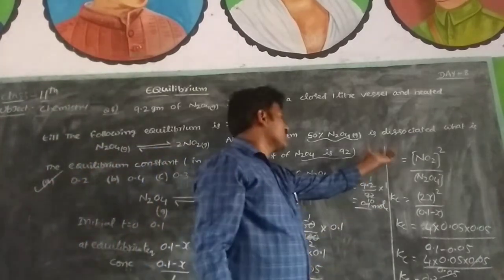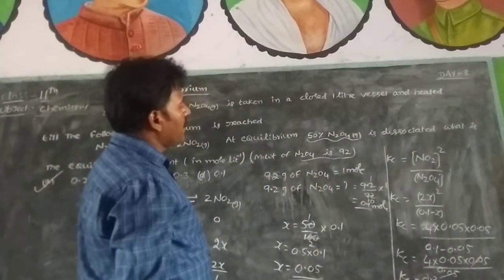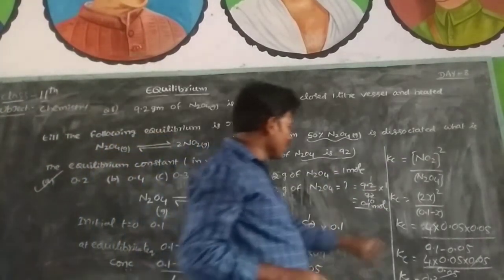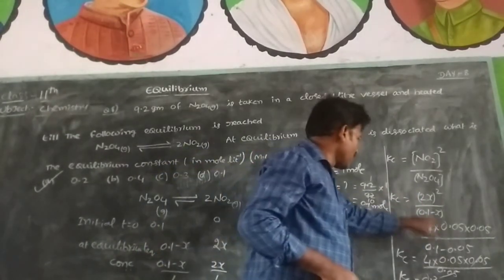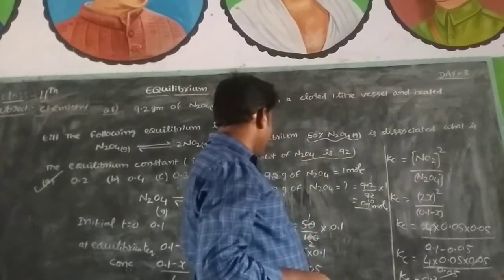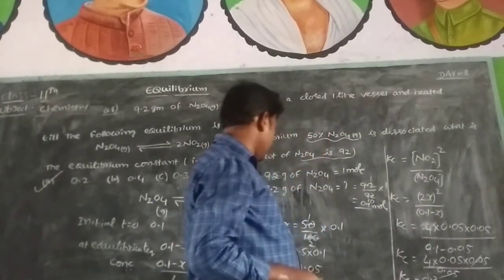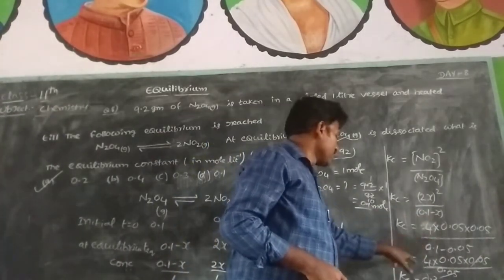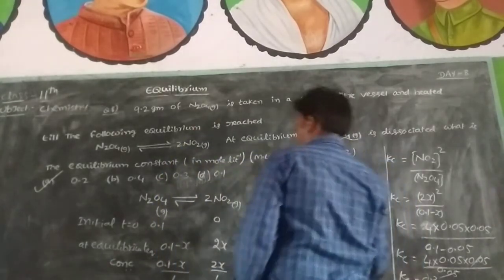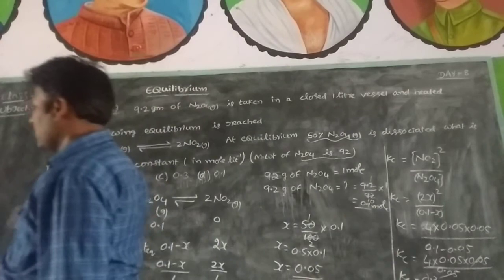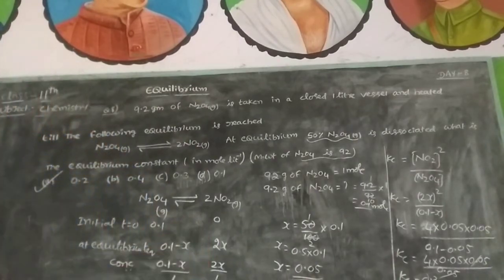Kc is equal to NO2 whole square upon N2O4, that is 4x square upon 0.1 minus x. Substituting 0.05, we calculate Kc is equal to 0.2. The answer is the first option.